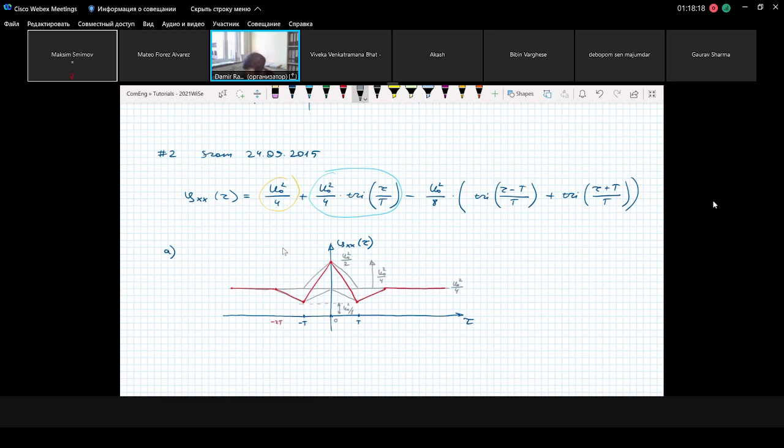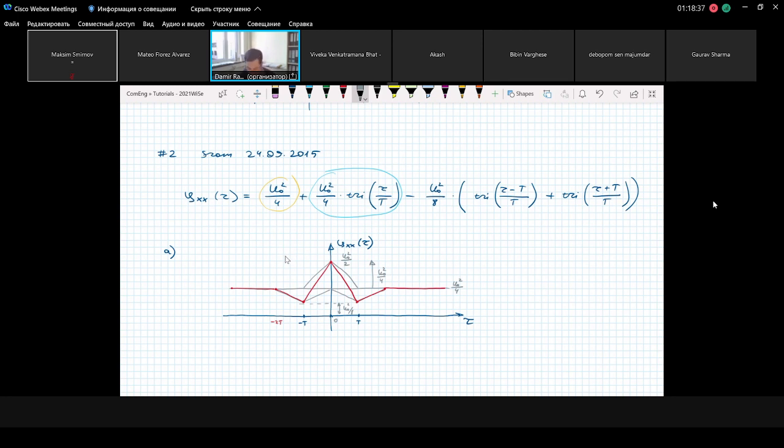The maximum value will be u0 squared over 2. The minimum value will correspond to u0 squared over 8. And the value at edges will be u0 squared over 4. This is how our autocorrelation function looks like.